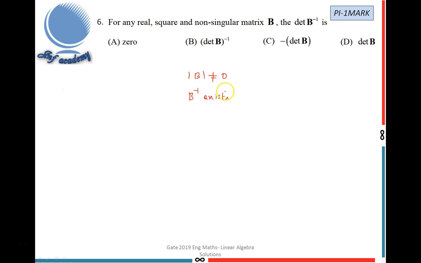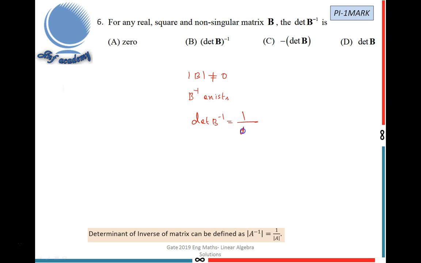Okay, so in this problem the given matrix is a non-singular matrix. Non-singular means determinant of B not equal to 0, so B inverse exists. Next, here I use one property of determinant. That is, determinant of inverse of a matrix can be defined as determinant of A inverse equal to 1 by determinant of A. That means determinant of B inverse equal to 1 by determinant of B. That means determinant of B whole inverse.